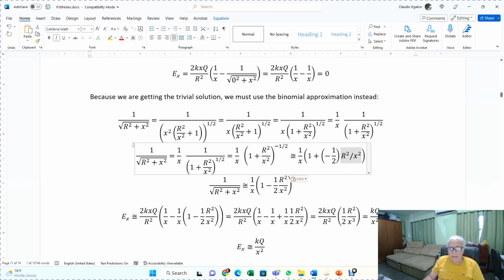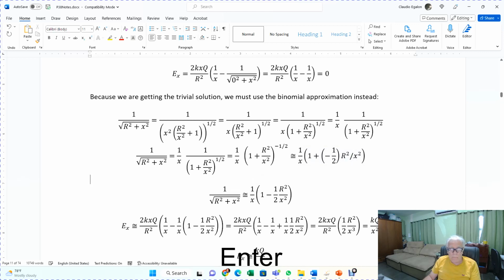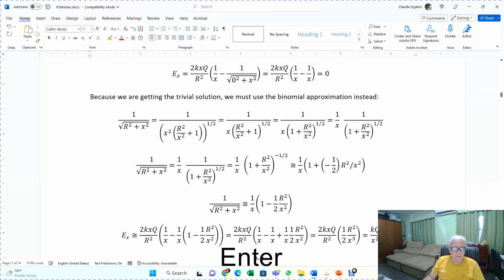Which is going to be even smaller than what you see here. And that's the approximation that we use. Writing it in a different way, the ratio is going to be something like that. And now we can get a solution that's not a trivial one.